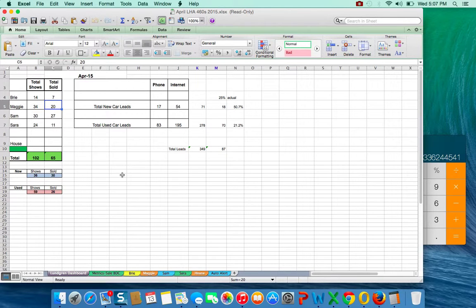Anyway, hopefully that helps you, Patrick. This is how we'll use a tool to measure the activity. We should get a weekly report and then of course the month-end report. And then what I do is I add that to a cumulative annual and quarterly report, and we're looking for the internet department to contribute about 30% of the sales to the dealership.